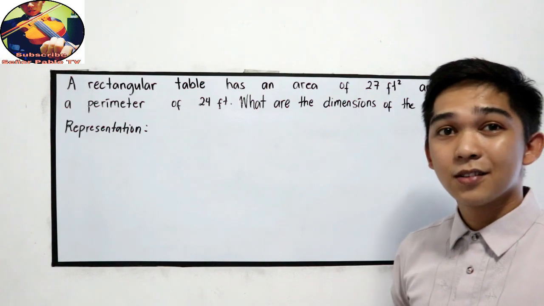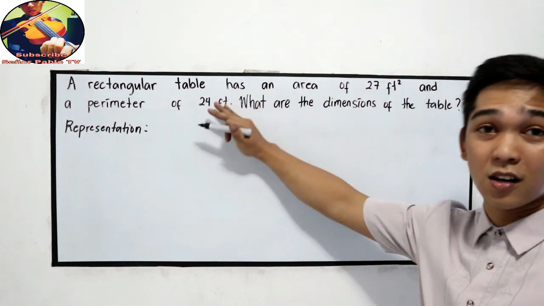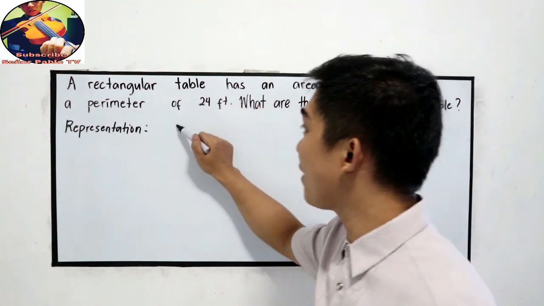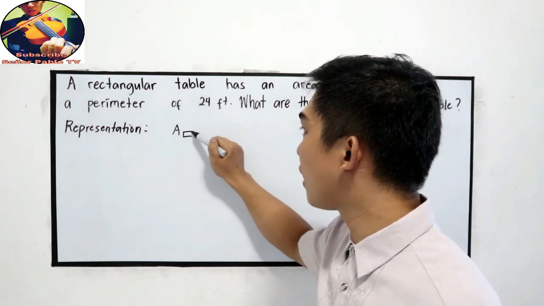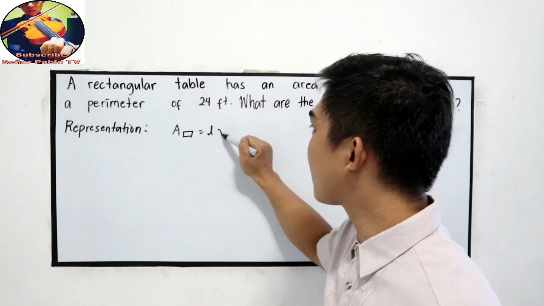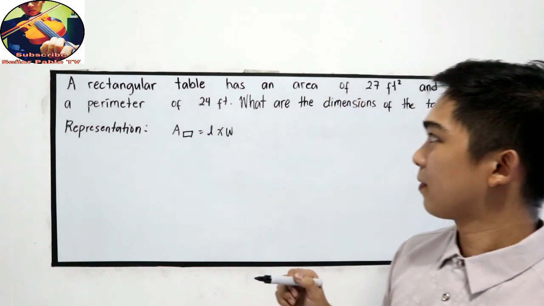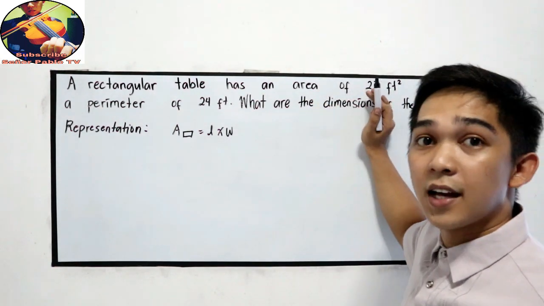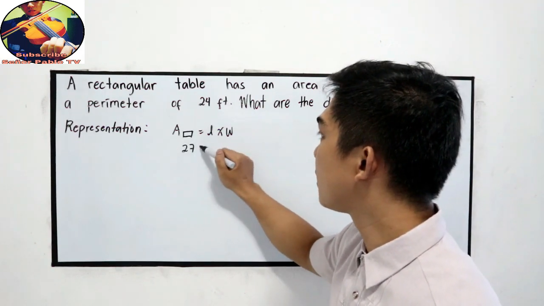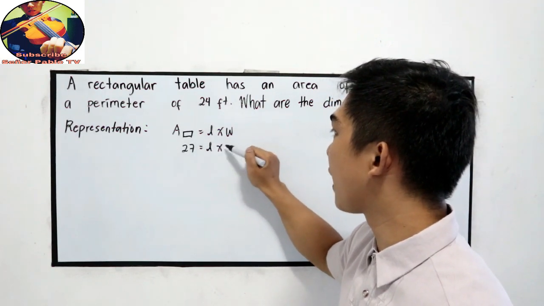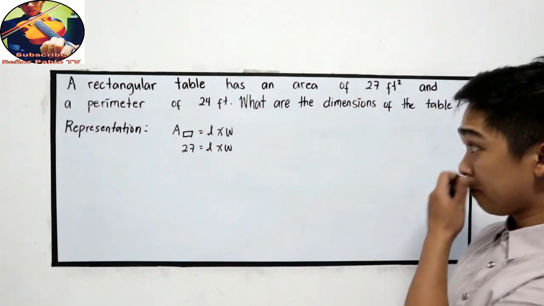Meron tayong rectangular table. Alam natin na ang area ng rectangular table ay length times width. Given yung area na 27, so 27 is equal to length times width.